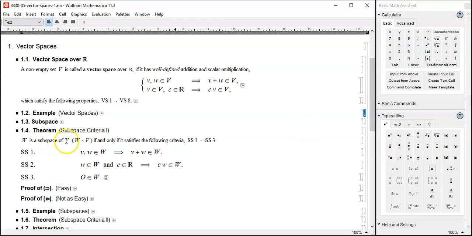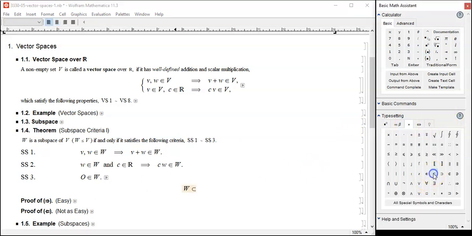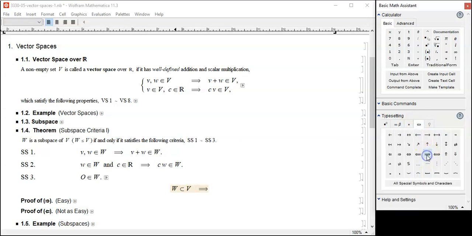Why? Because W is a subspace of V. So if I select anything from W, that means they belong to V as well.